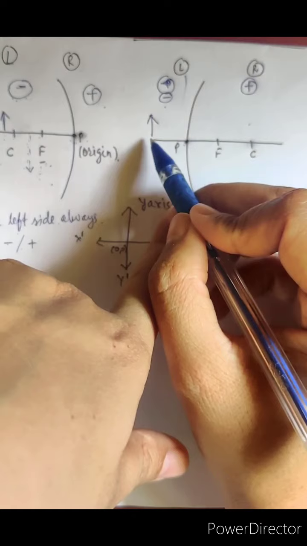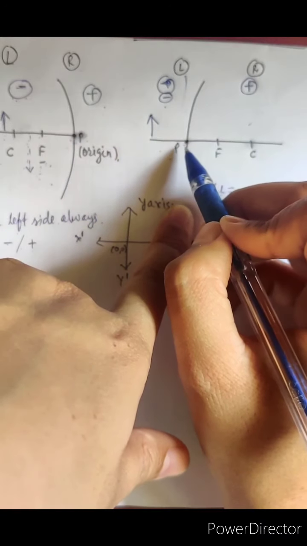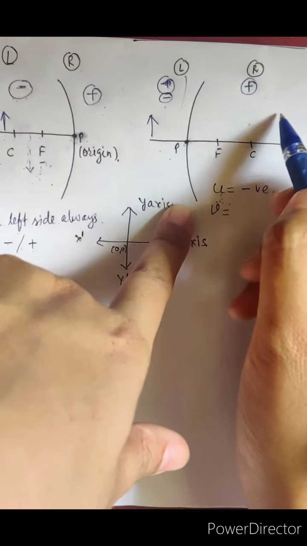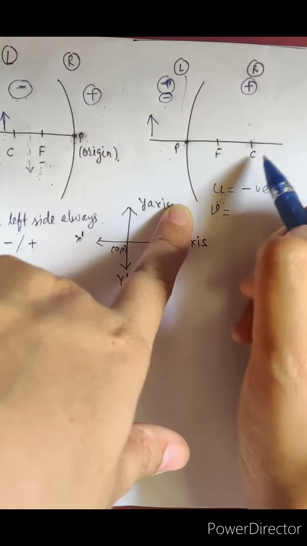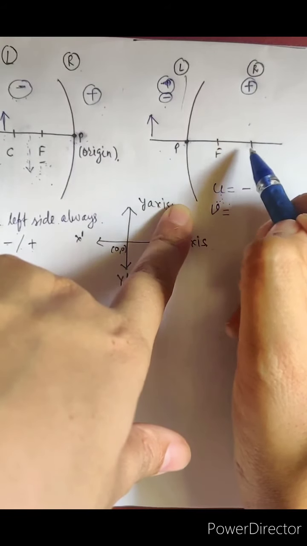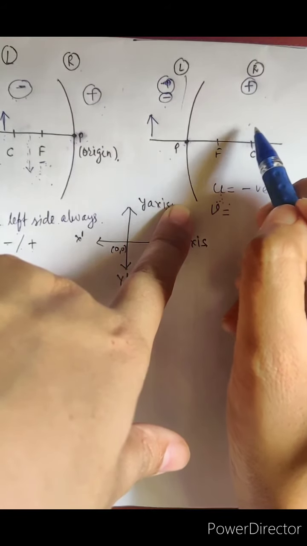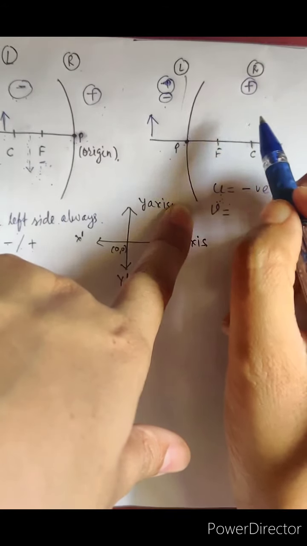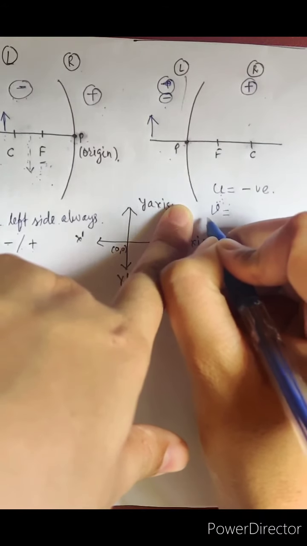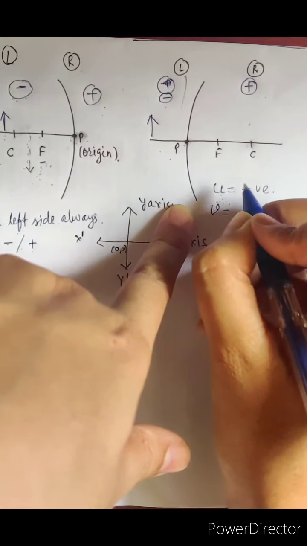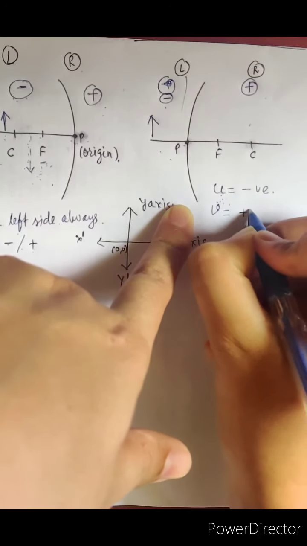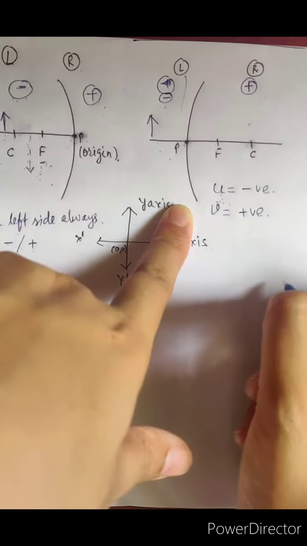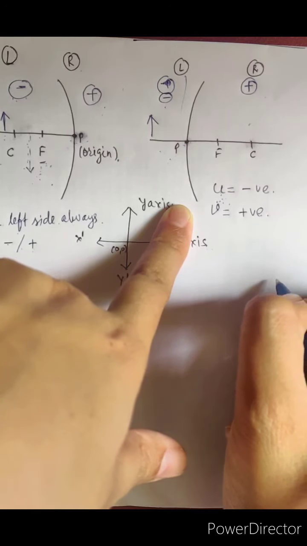The second case was when it is kept between infinity and pole. In that case also, the image will be produced on the right hand side of the mirror. So in both cases, images are produced on the right hand side of the mirror, which means that V, that is image distance, in the case of the convex mirror will always have a positive sign attached to it.